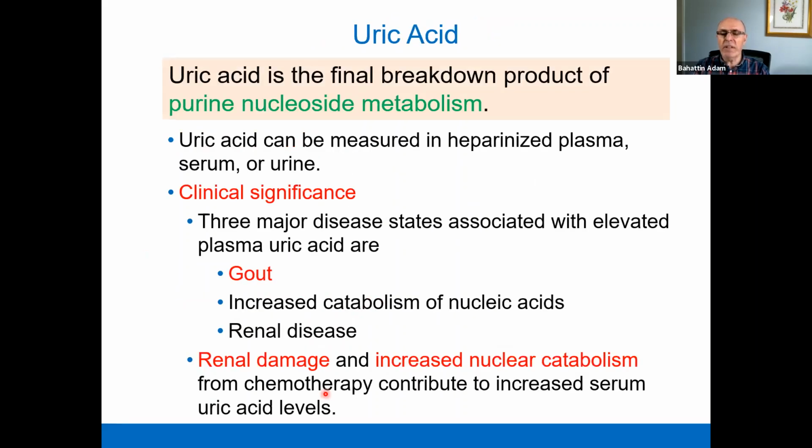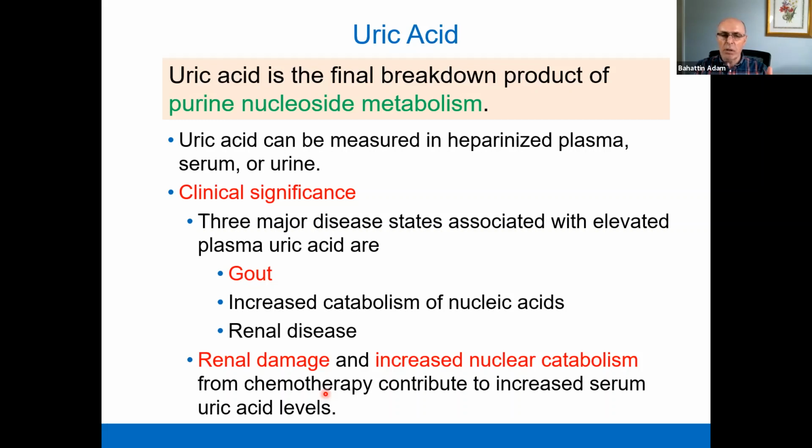Okay, uric acid is another way. It is the breakdown product of the purine nucleotide metabolism and can be measured in heparinized plasma, serum, and urine. Okay. Three major diseases are associated with elevated plasma uric acid.